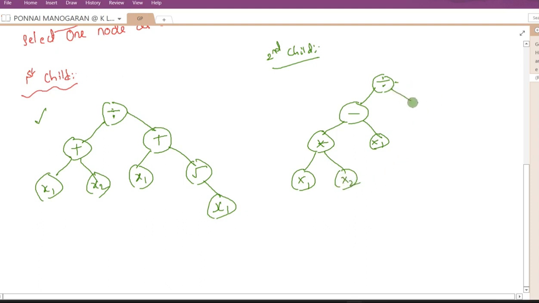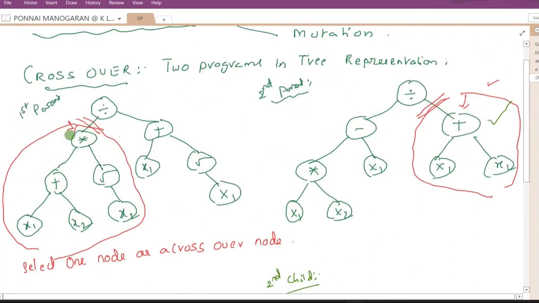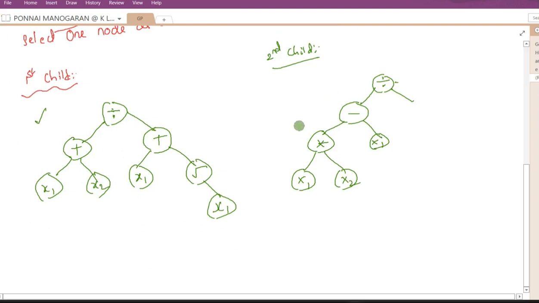Now here what you have to do means, you take the left subtree of the first parent and then merge it with the second parent. So now you will get something like this.